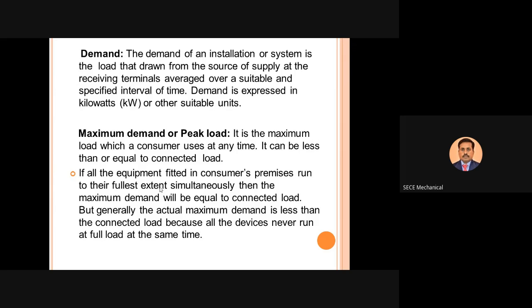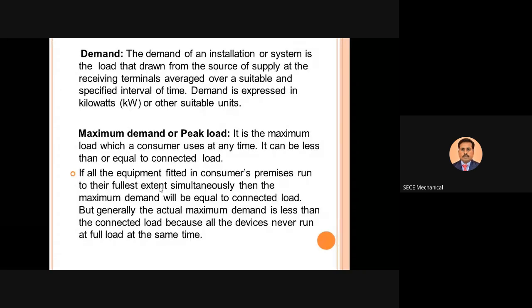Or if it is equal, you can easily supply. So always you have to think it should be less than or equal to the connected load.